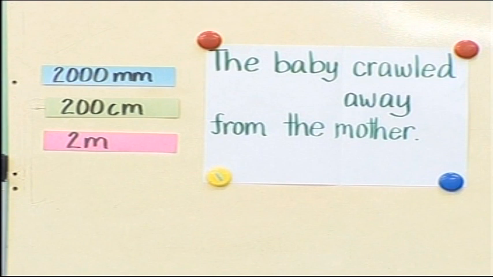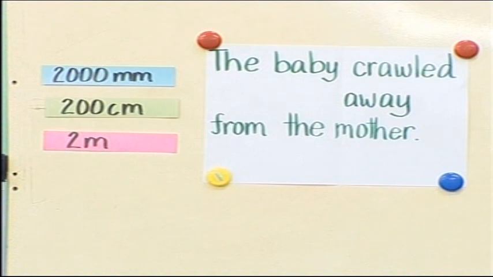Or maybe you can read the sentence, please. Complete the sentence. The baby crawled away from the mother 2 meters away. Okay. He says 2 meters. All right. The baby crawled 2 meters away from the mother.